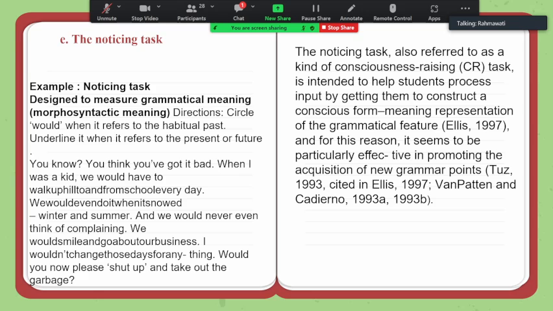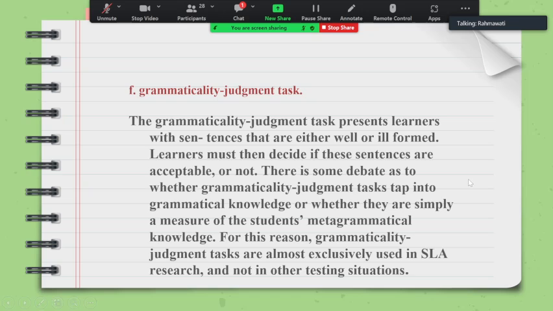And the final type of selected response task is the grammaticality judgment task. The grammaticality judgment task presents learners with sentences that are either well or ill formed. Learners must then decide if these sentences are acceptable or not.